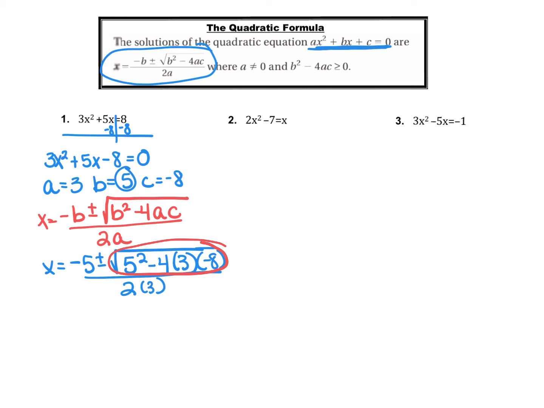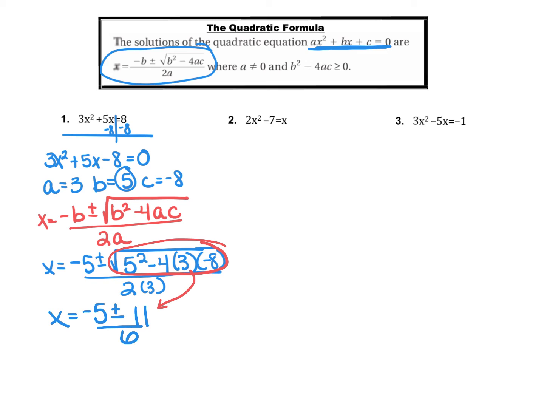When you do that, we're going to get x is equal to the negative 5 plus or minus, and then that square root part is equal to 11. So this right here, when I plugged this into my calculator, I got the 11. All right, so now I'm just going to have my 2 times 3 divided by 6.